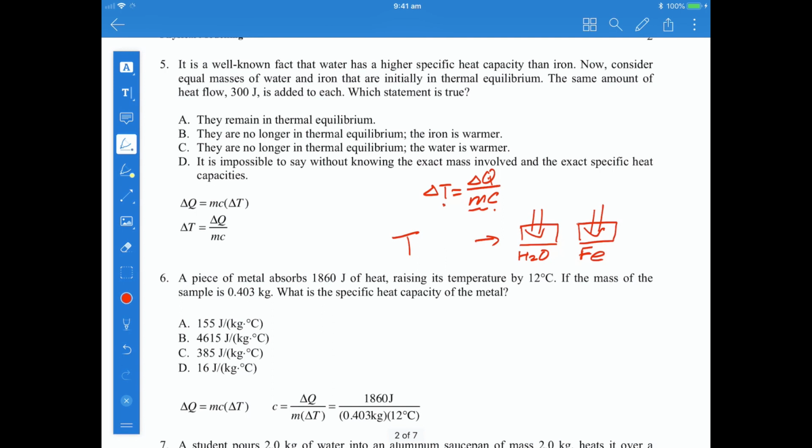So they will no longer be in thermal equilibrium, because one will be higher, one is lower. But the iron will be warmer, because for the same amount of heat, the rise of temperature of iron will be higher. So the temperature of iron will reach higher than the temperature of water. So the answer is B.